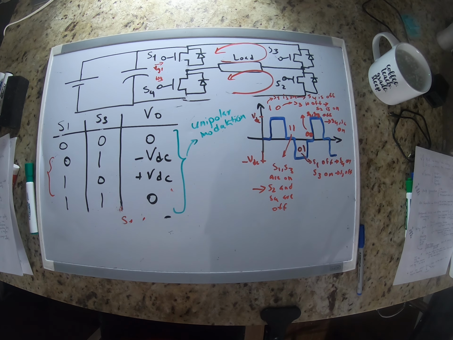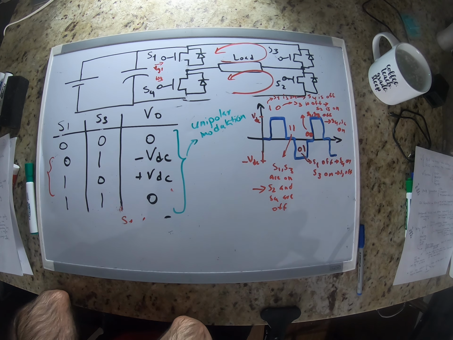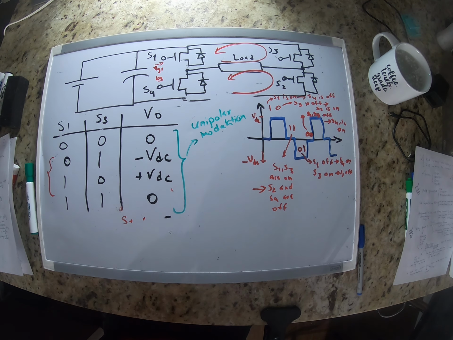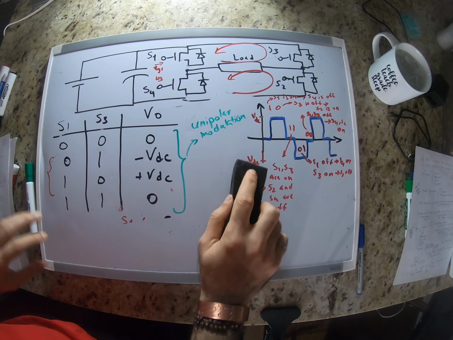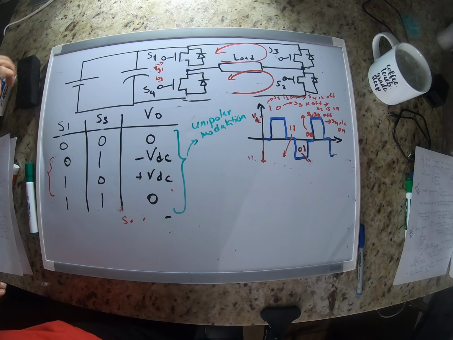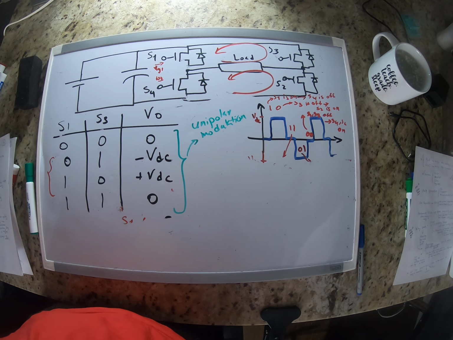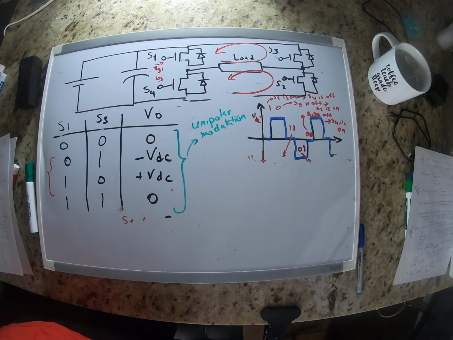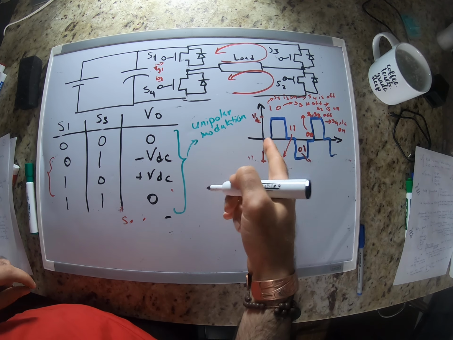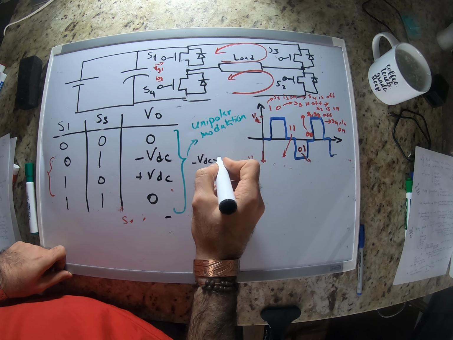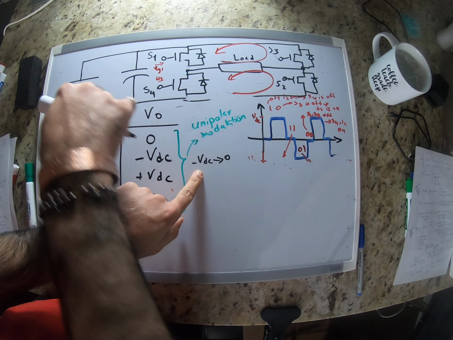Okay, so now let's draw the current, similar to what we did for the bipolar modulation. Let's do it for unipolar modulation. The reason this is called unipolar is because the change in output voltage is only the level of the voltage that we have.